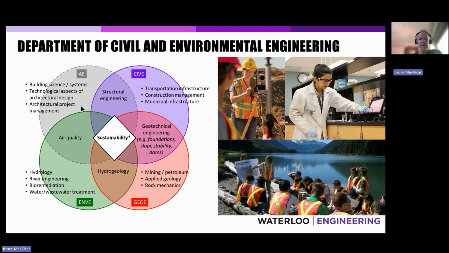So air quality, there's some overlap with architectural engineering, AE, because of the interest in, usually it's indoor air quality for AE versus outdoor air quality for environmental engineering, but still some overlap there. And then on the geological engineering side, there's an overlap with hydrogeology. So thinking about water moving through the soil. So sometimes you can get at that field from a few different directions.